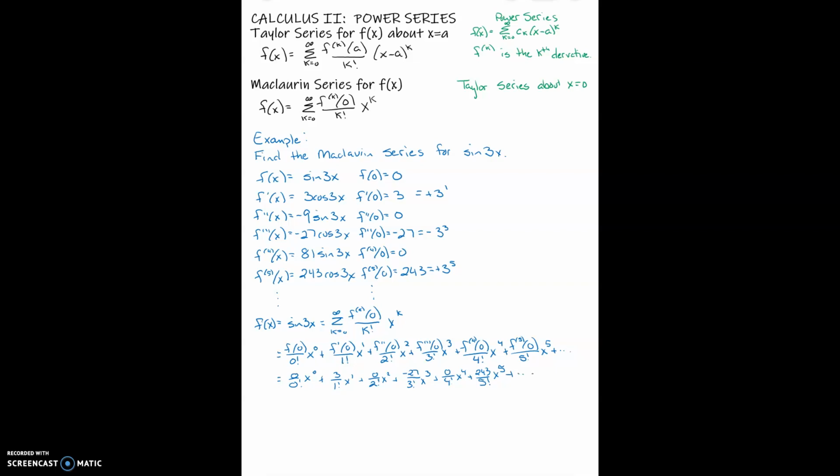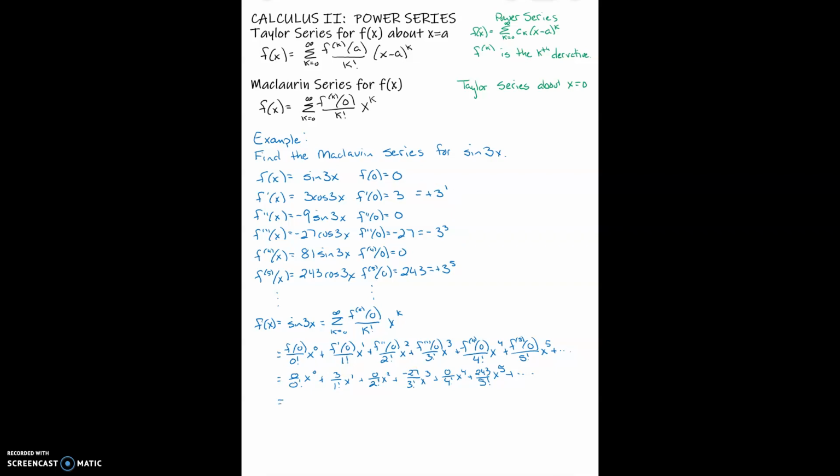Now, I'm going to do a couple of things here. I notice anytime I have 0 in the numerator, those terms just become 0, so I can get rid of those. The other thing I want to do is I'm going to go ahead and change these numerators. We already saw that we can write those as powers of 3.